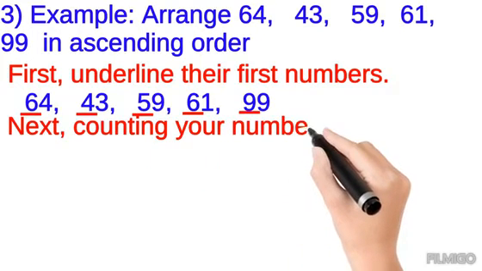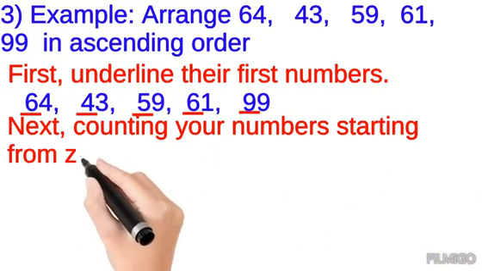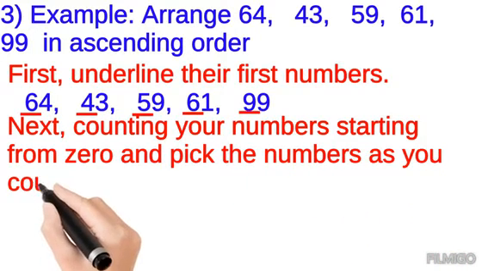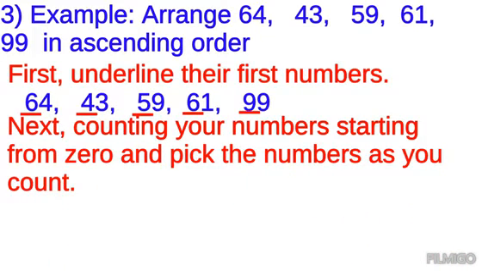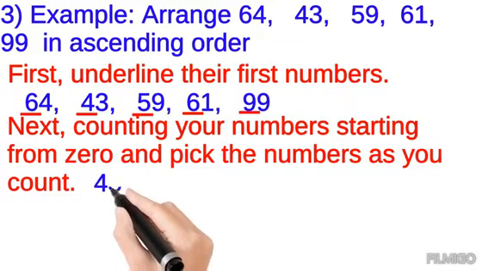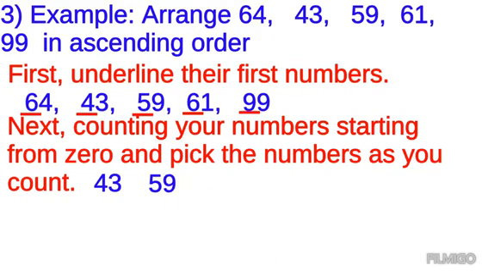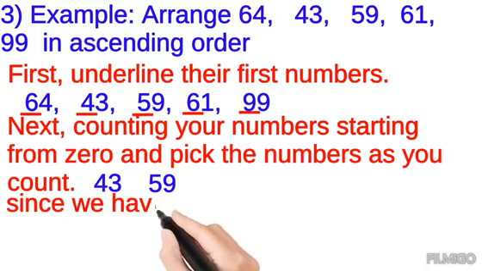Next, counting your numbers starting from 0 and pick the numbers as you count. Do we have 1? No. Do we have 2? No. We also don't have 3, but we have 4, which we underline, which is 43. We have 5, which is 59. We have 6, but it is 2 numbers.